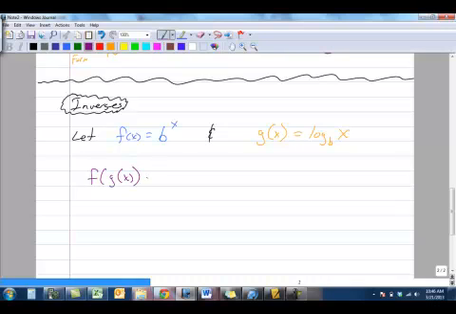All right, so what would f of g of x be here? Well, f is running the show, so that means it's b to the x power. So we're going to change our x. What's going to be the exponent here? The exponent is going to be log base b of x. Okay, Smith, I'm with you so far. I just plug in g of x in for x. That's not a big deal. But here's what's up, y'all. Base b raised to a log base b power are inverses of each other.